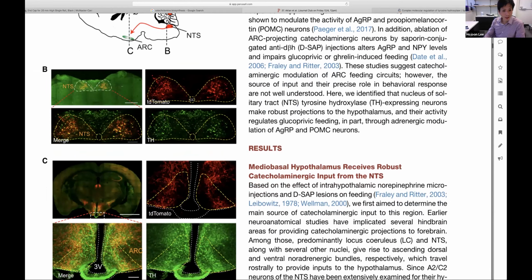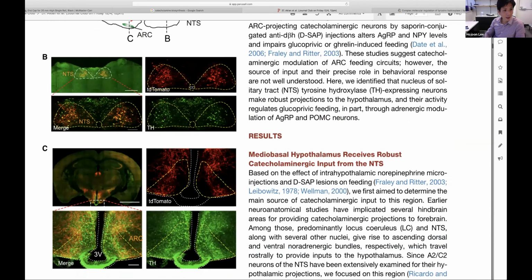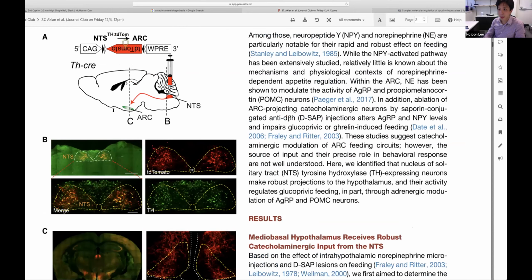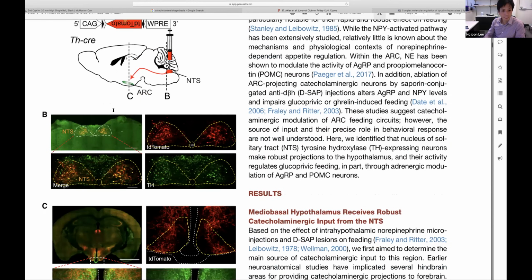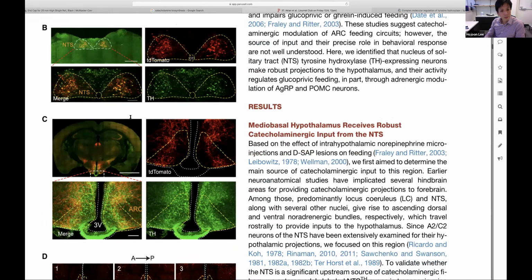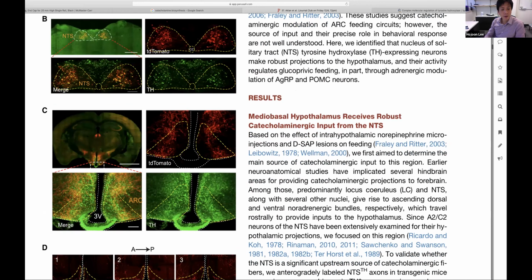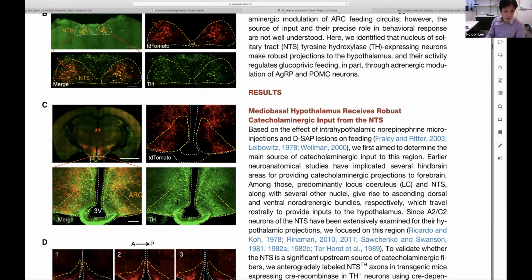All right, so in C, they look at the hypothalamus. They see all these red projections that came from the NTS. They do staining again for TH.